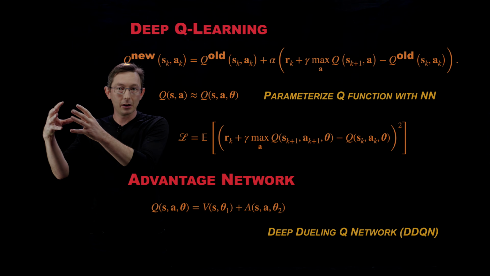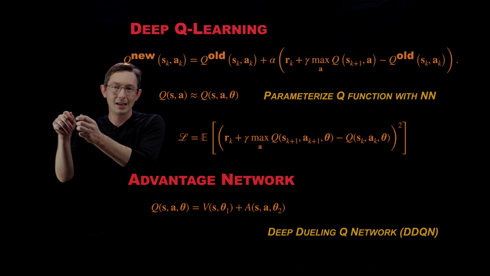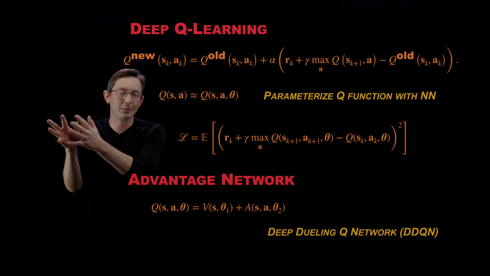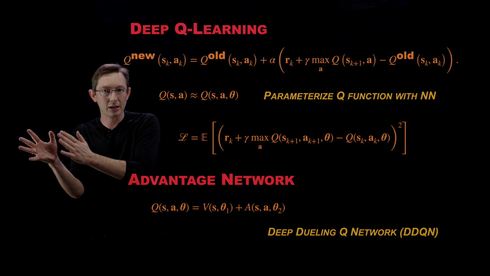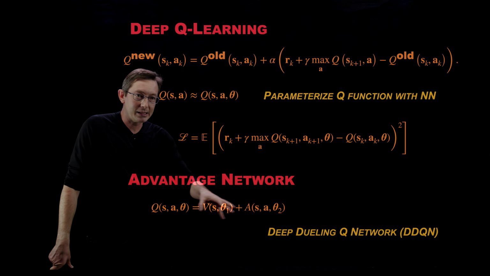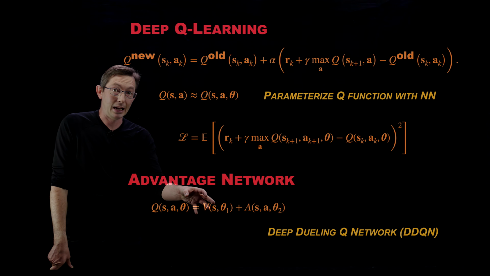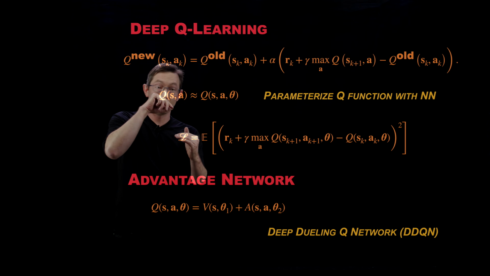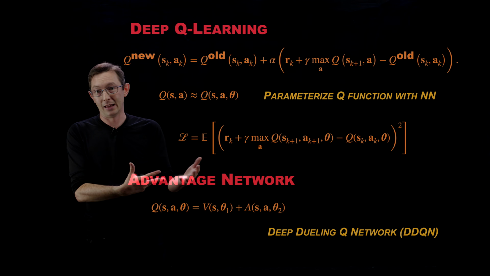So maybe I'm in a really good board position in a game of chess, and the different actions I take are giving me very marginal increases or decreases of my quality function. And so what it does is split off the value function of just being in a state from the incremental advantage of taking an action having been in that state.